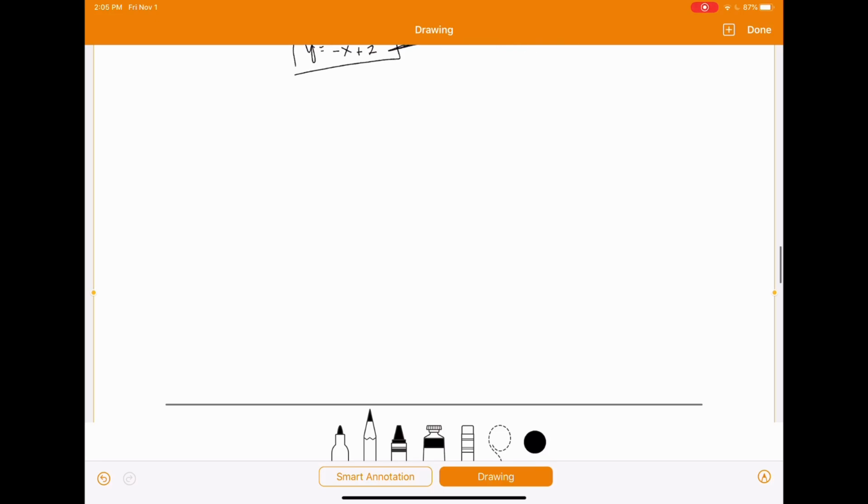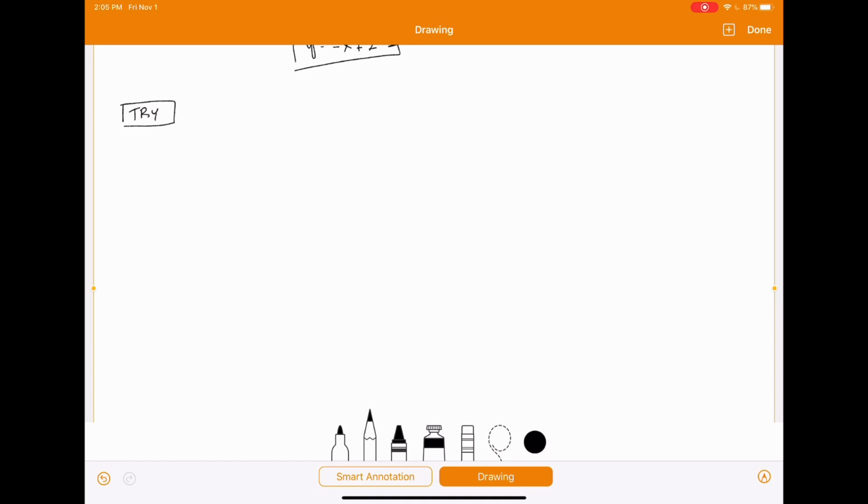All right, so now I'm going to give you an opportunity to try this on your own. Let's see. Write an equation for the line that passes through (negative 3, 4) and (2, 2).